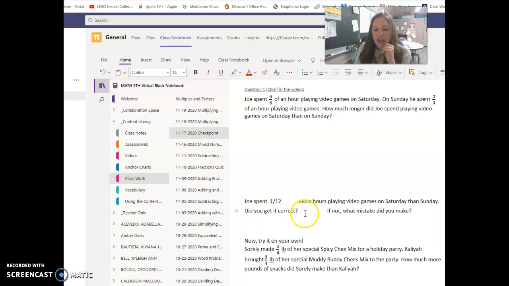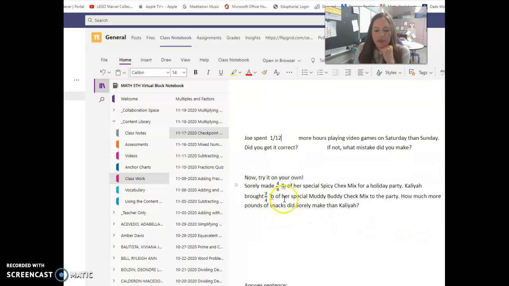Did you get that question correct from what you remember? If not, do you remember what mistake you made? And this is where you can write, I added instead of subtracted, or I subtracted my numerators and denominators before finding a common denominator. Okay?